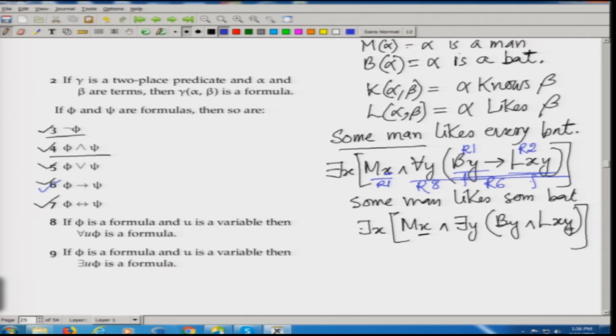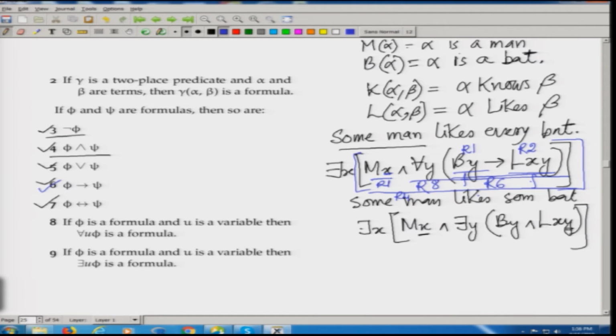So, they are combinable, and then because this is a licensed construction and this too is a licensed construction, I now use rule 4 for constructing this. And finally, because the entire thing is a licensed construction, I can just use rule 9 on it.